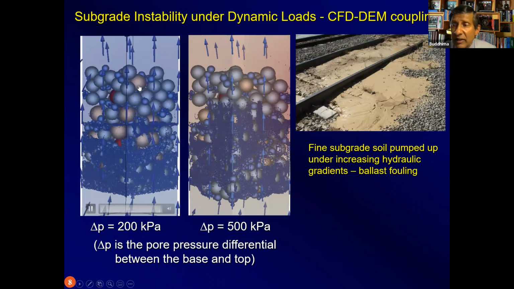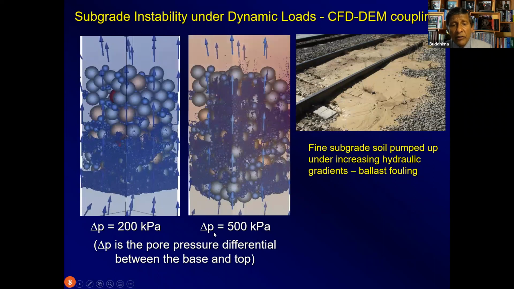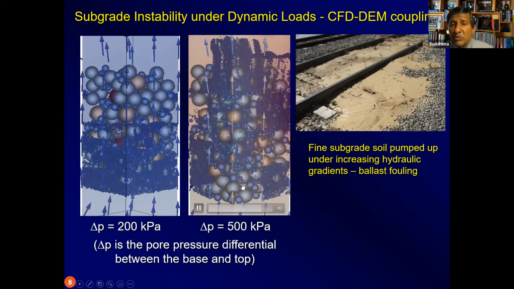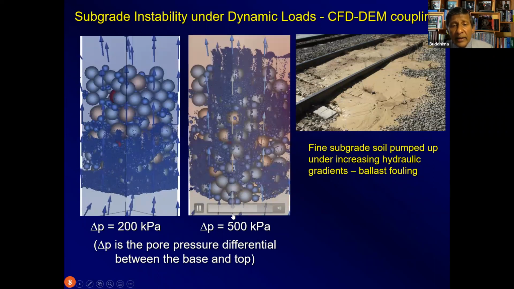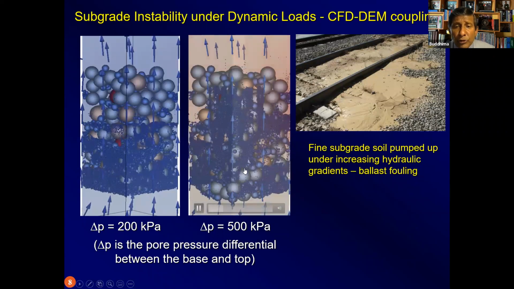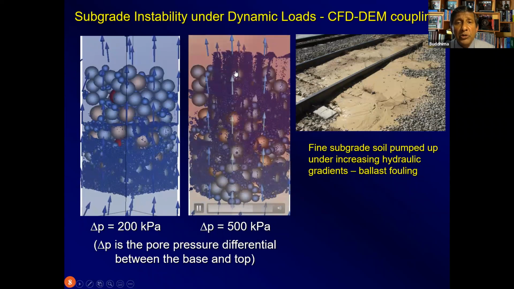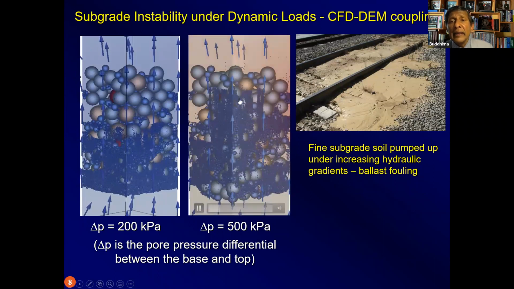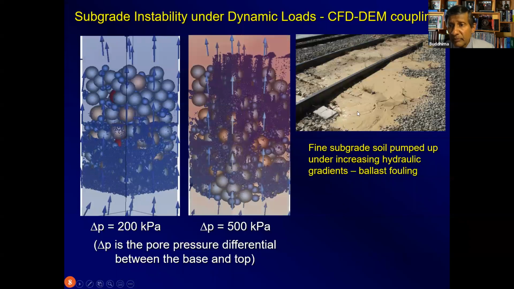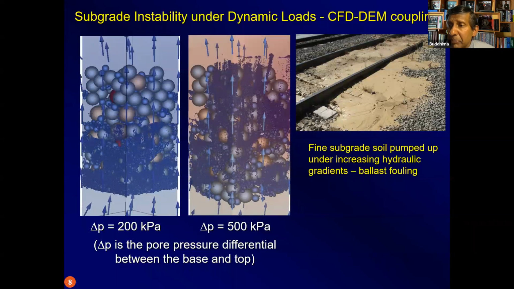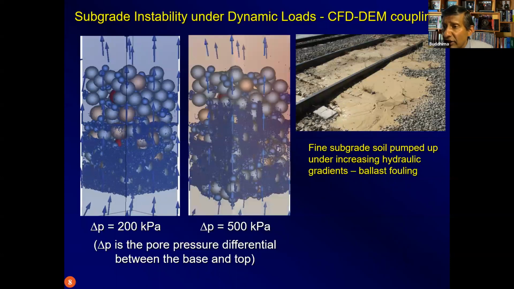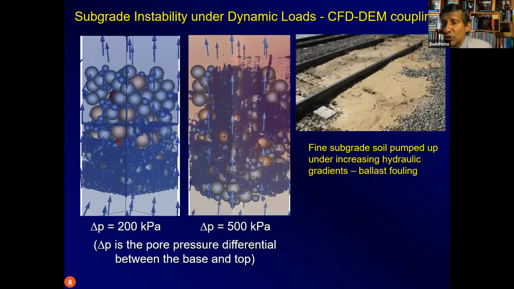That is the ballast that is simulated with spherical particles. Now, if I were to run this second picture, the value of this pore pressure differential is much higher, about 2.5 times greater than that. You will find that that is adequate for the fluidized soil to be pumped to the top and then completely pollute that ballast, as you can see from this right-hand side picture, which is a typical case of mud pumping on an Australian railway line in the state of New South Wales.